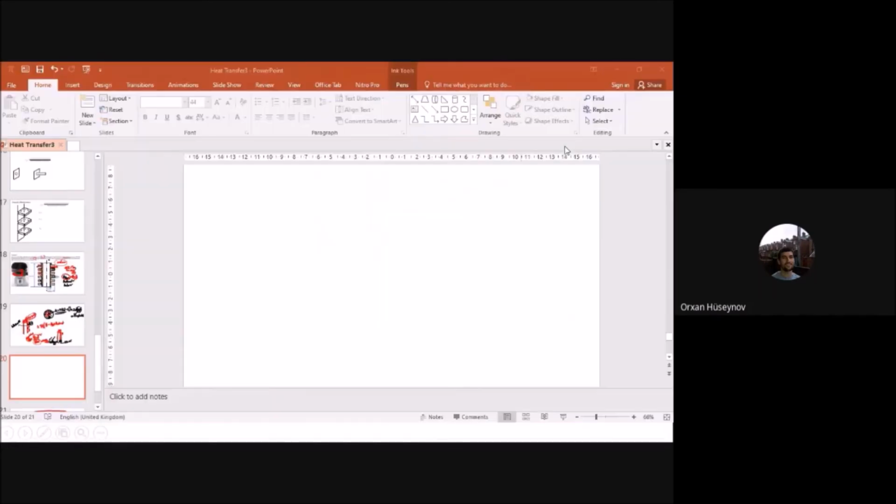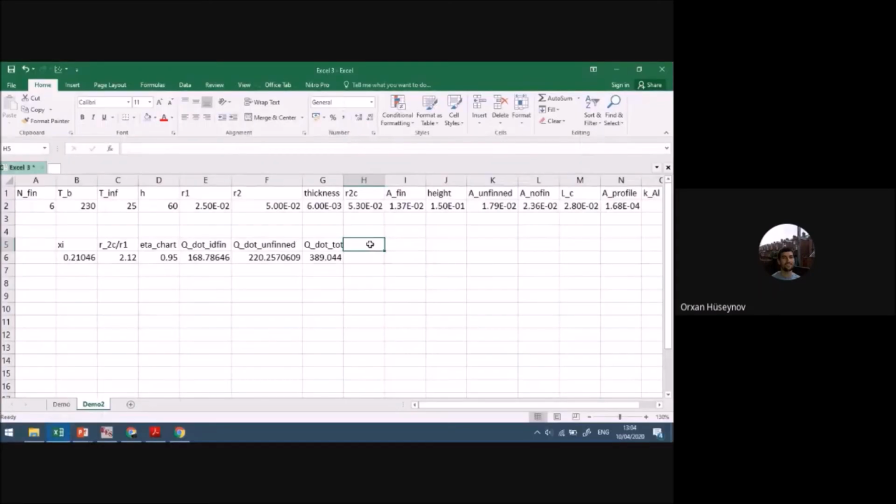If there is no fin, you will have the cylinder itself, and the heat transfer from the cylinder itself will be the surface of the cylinder AS, we have found it, into H again into the same delta T. Let's find it. Q dot no fin will be equal to H multiplied with area no fin multiplied with the delta T, so T base minus T infinity.